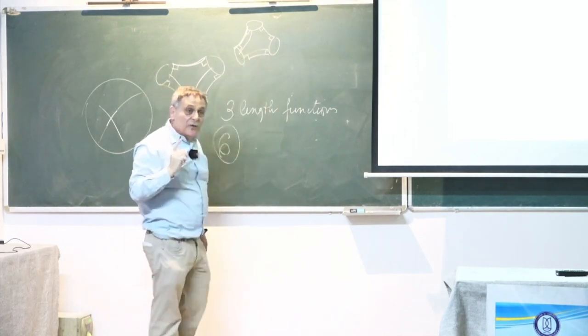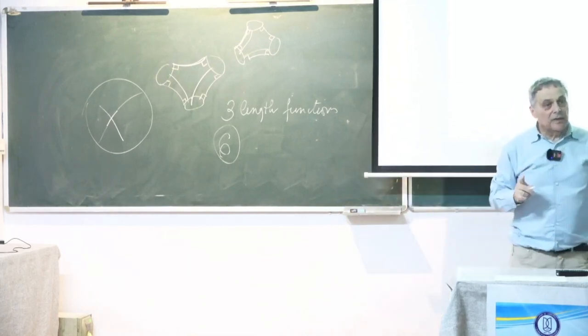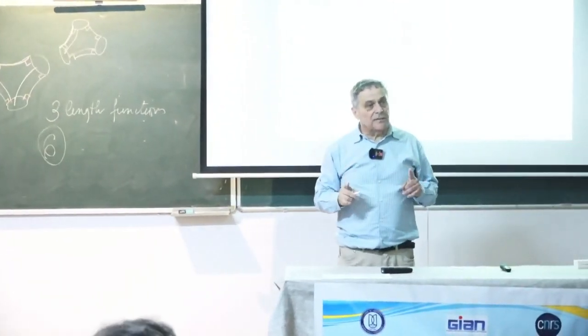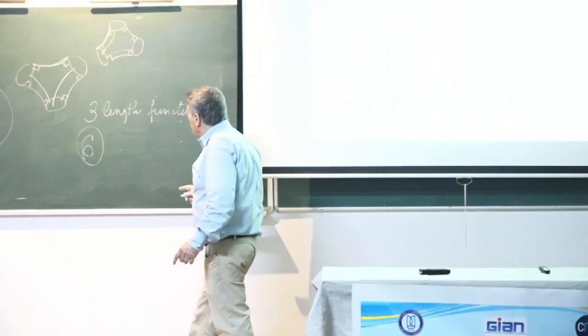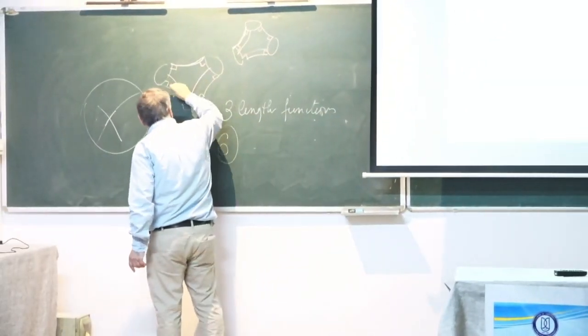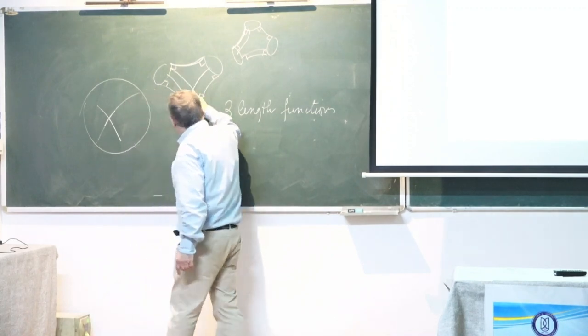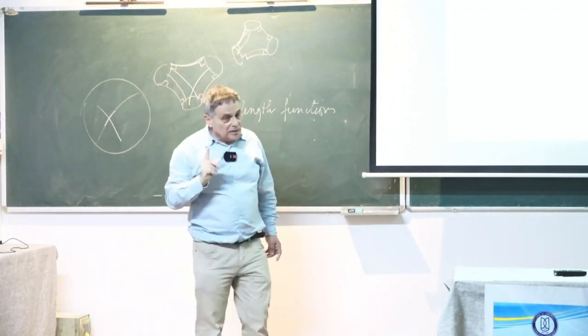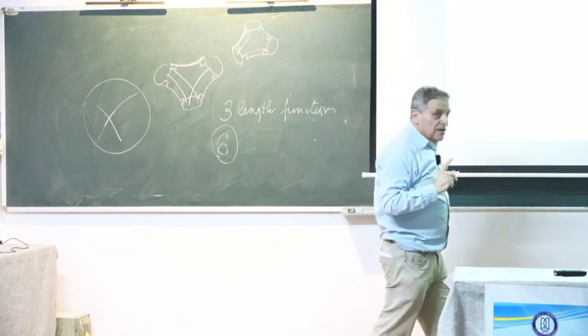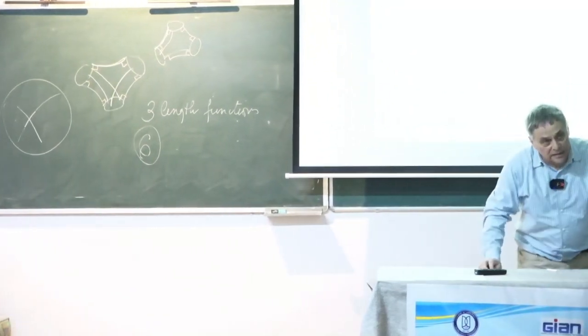And then you want an algorithm that draws for you simple closed curves. That is, you don't want the curve to intersect itself. You want an algorithm which gives you curves which are non-intersecting.